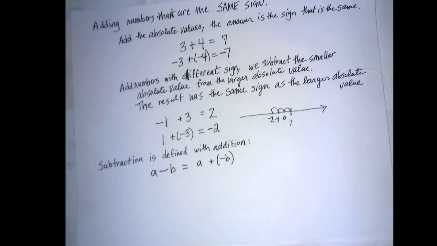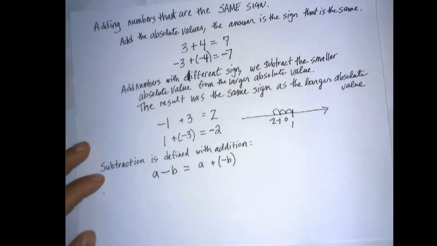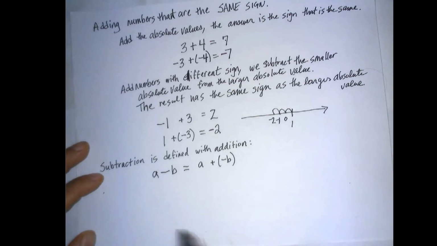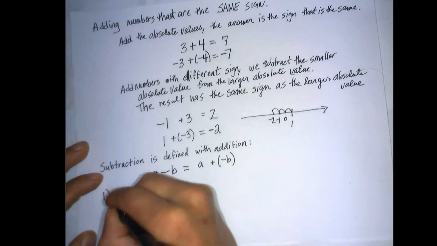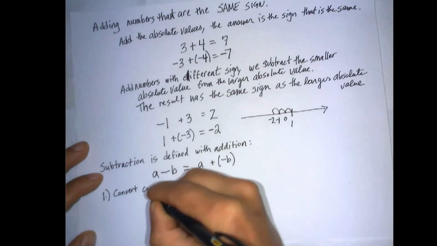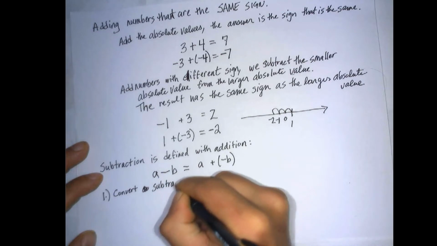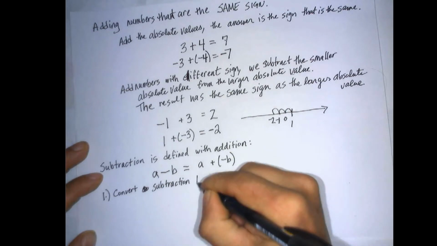So when we subtract numbers, the rules are the same as for addition, but we must first convert subtraction to addition.